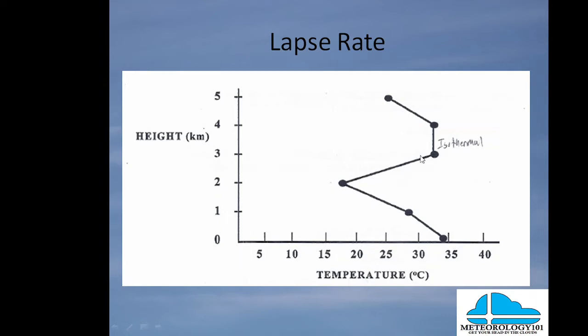The only way to break an inversion is to increase the surface temperature, or increase the temperature at that height, or decrease the surface temperature. So the only way to break these inversions would be to cool the upper air temperature, bring it down, and then that would continue with that lapse rate.